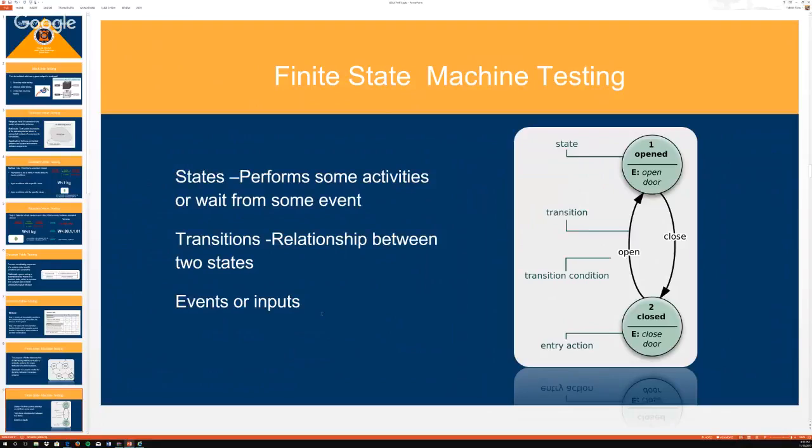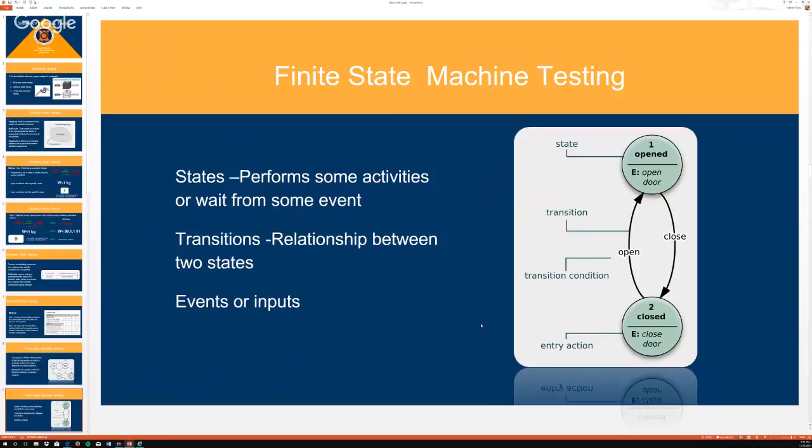And we have the transitions closed to open and open to closed, as we can see here. And we have entry actions that are basically the events or inputs. So one event could be if someone pulls the door.